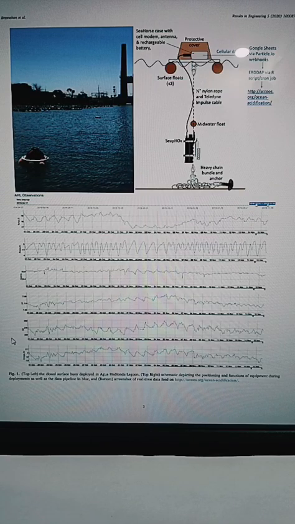Multi-parameter means it can check multiple parameters from the ocean, and it can measure the pH level. Yesterday we discussed that the pH will be lower. Why? Because the water absorbs carbon dioxide. The more carbon dioxide is absorbed by the ocean, the lower the pH.